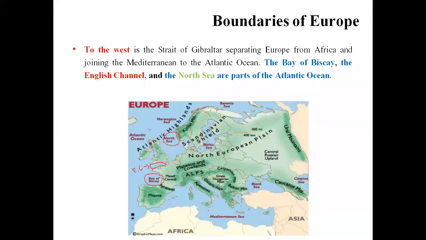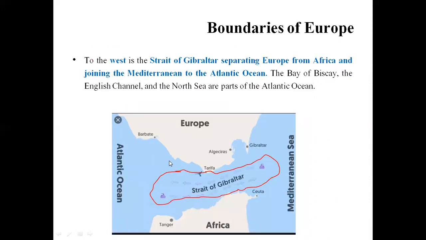That's well and good. Then when you talk about the western part, it has boundaries called the Bay of Biscay, then the English Channel, and the North Sea. This is the English Channel part. And the Strait of Gibraltar. Here somewhere you are having the Strait of Gibraltar.